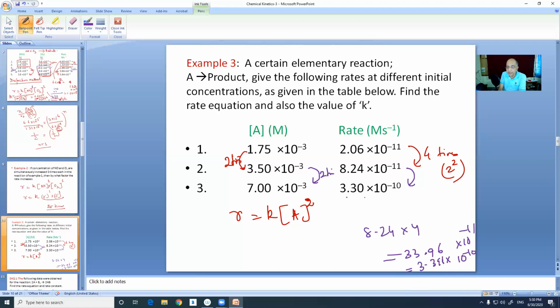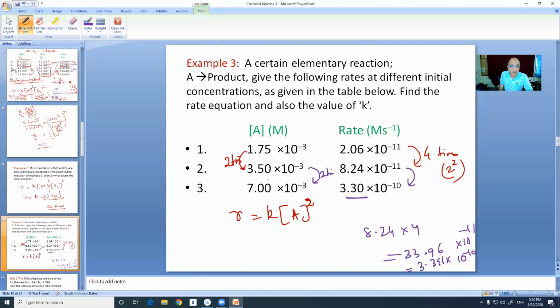So this is the same as what is given. Yes, this is acceptable. There must be some human error. It cannot be exactly 3.396. It is experimentally determined, so definitely a human error factor is there. You can't rule it out, right?